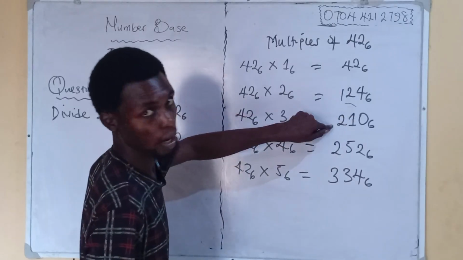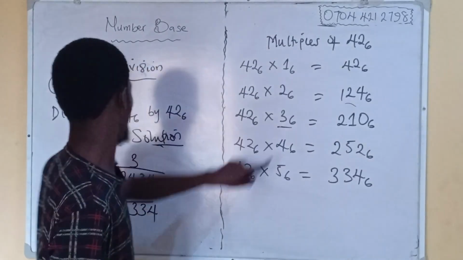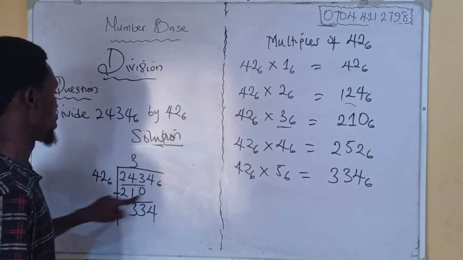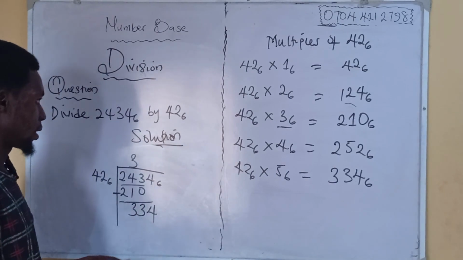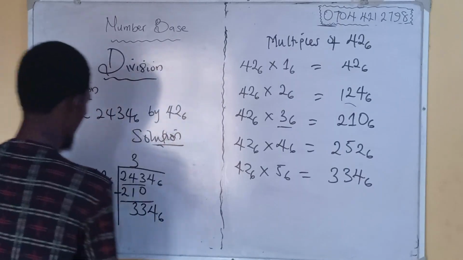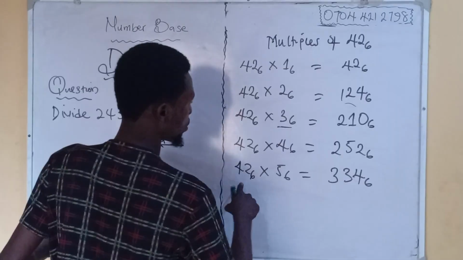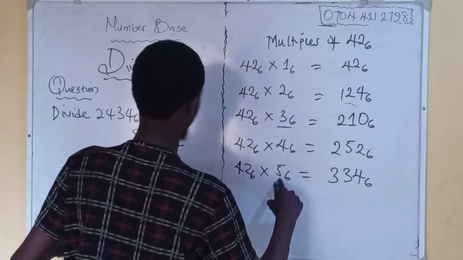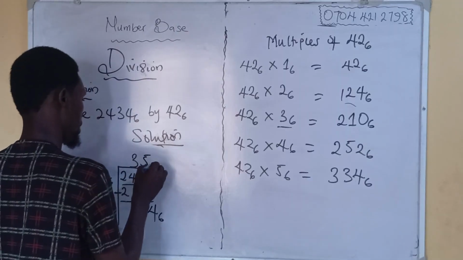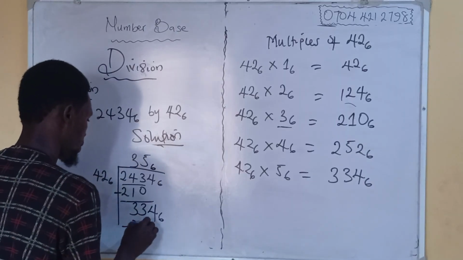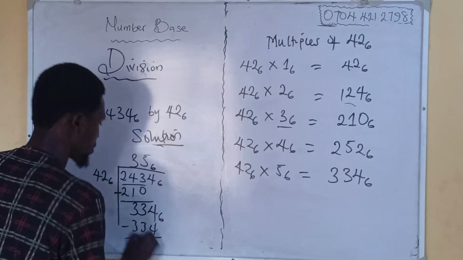So you take this other one. That is how many times? 3 times. Then you subtract. When you subtract, you get this. And then 42 goes into 334. That is 5 times. And then you subtract. When you subtract, you have 0, 0.